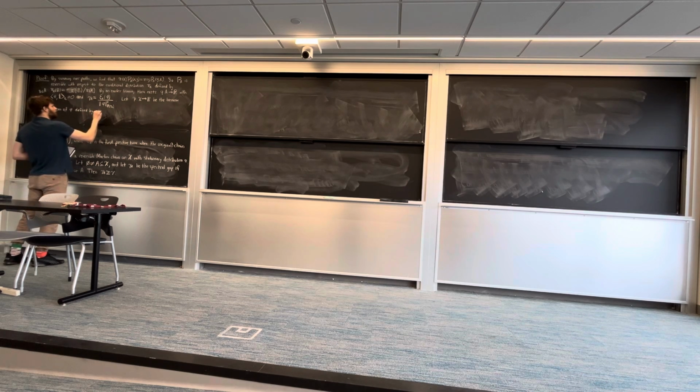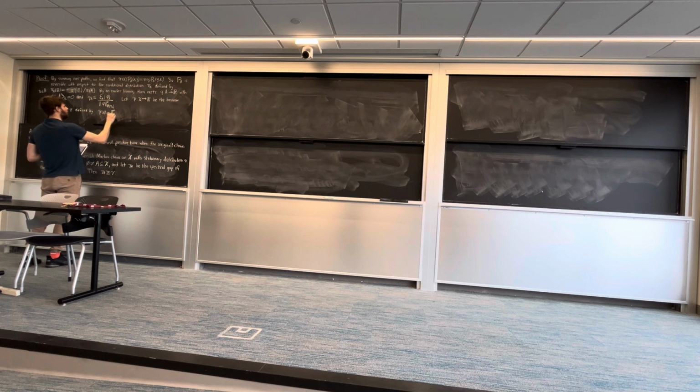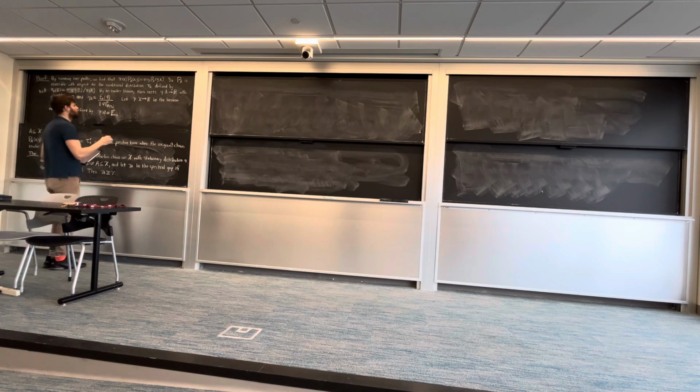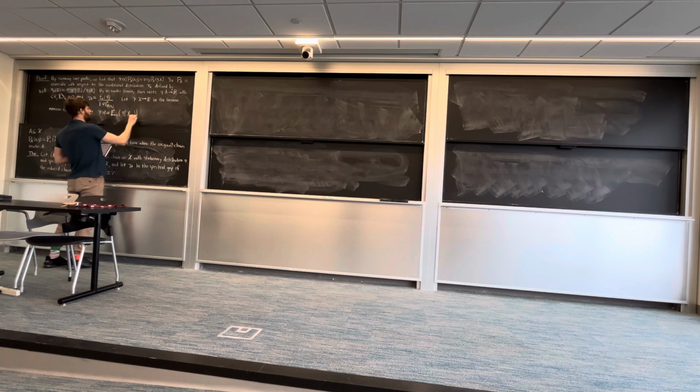So psi of X is going to be the expected value, if we start the original Markov chain at X, of phi of X sub tau A. Okay, let me explain what's going on here.